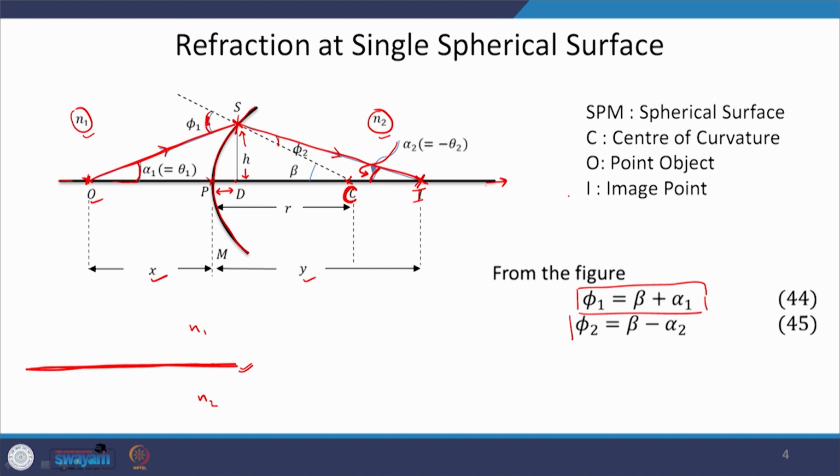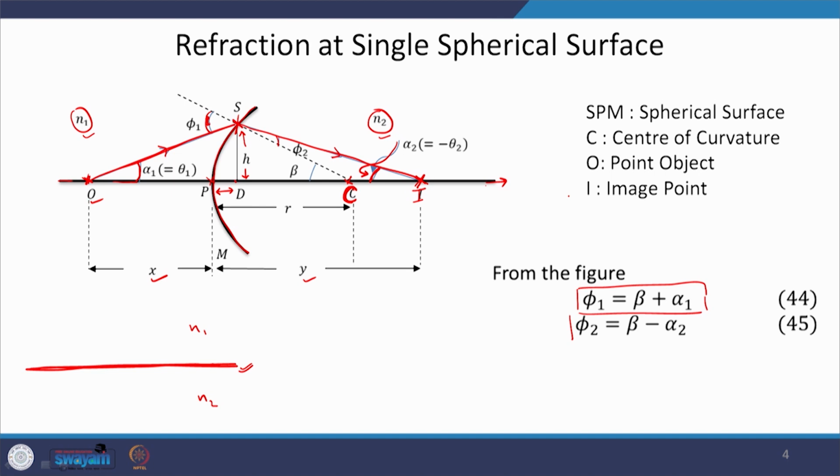Okay. Now, what will happen if we do not assume this paraxial approximation? If we do not resort to it, from point O the rays will emanate in all possible directions, and it would be extremely difficult or almost impossible to converge all these rays to point I. At point I, only those rays will be converged which are very close to the OI axis, or the principal axis, or axis of symmetry of this optical system.